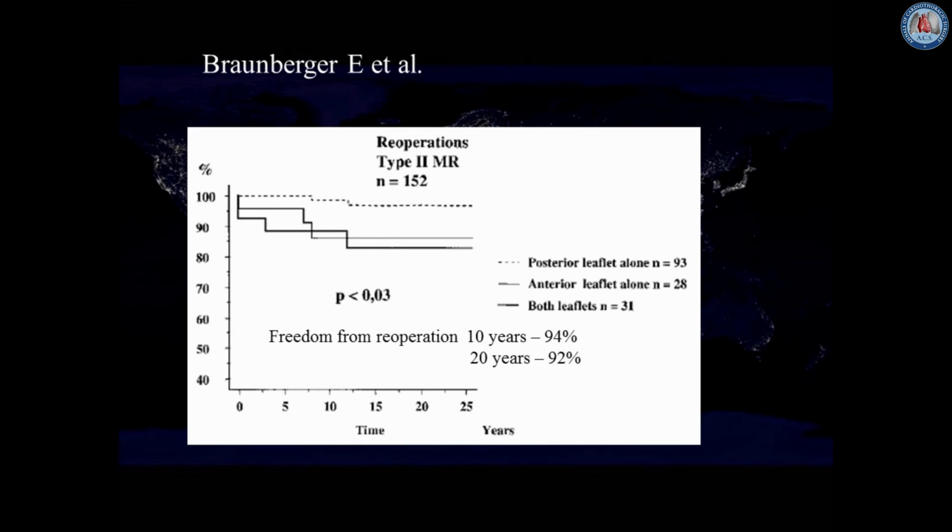The best outcomes were obtained in posterior mitral valve leaflet. In anterior and bileaflet prolapse, the freedom from reoperation dropped to 80% at 15 and 20 years. Overall, they had excellent outcomes with a freedom from reoperation of 94% at 10 years and 92% at 20 years.